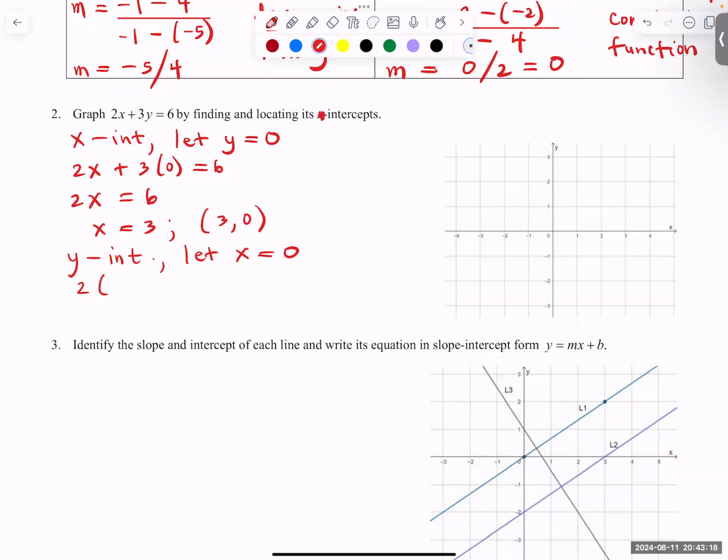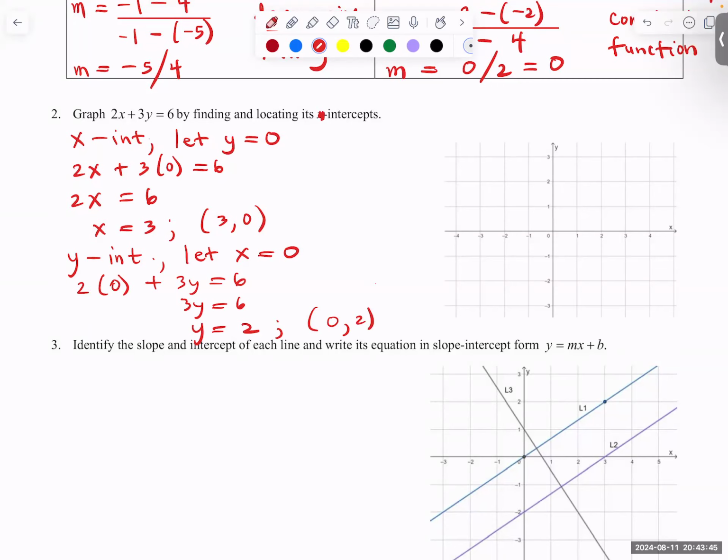So substituting 0 for x, 2 times 0 plus 3 times y equals 6. So 3y equals 6. Therefore, y equals 2. And the ordered pair 0, 2 is the y-intercept.